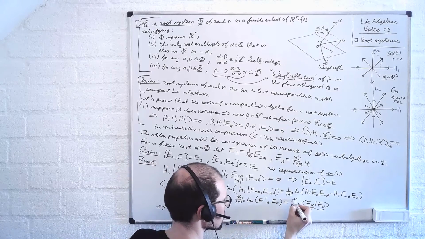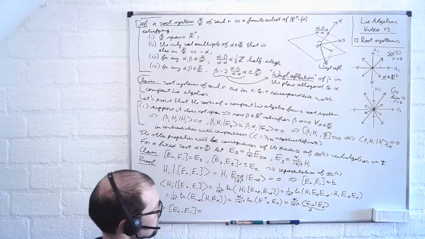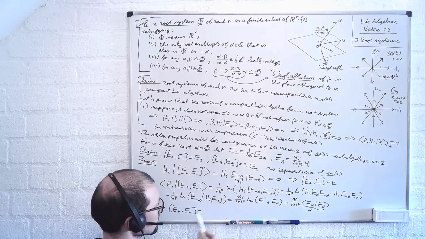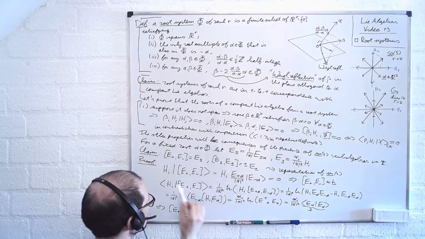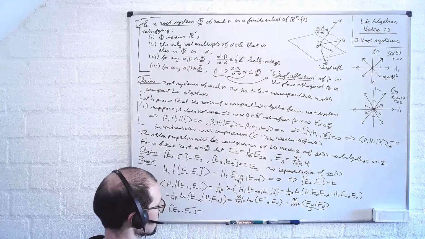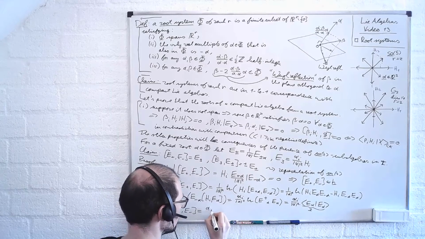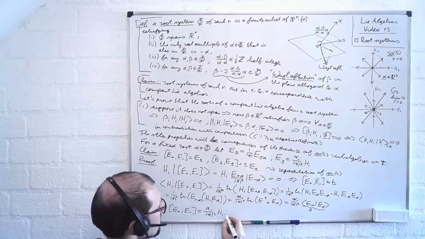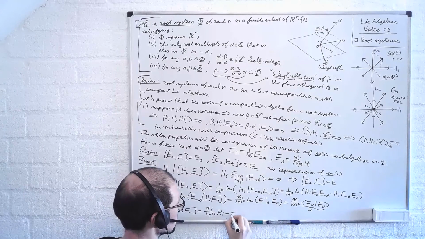We have alpha i. So to get this particular vector, we know that the coefficients in front of hi are going to be alpha i over alpha squared. So this is alpha i over alpha squared hi, as we claimed. So this is E3.